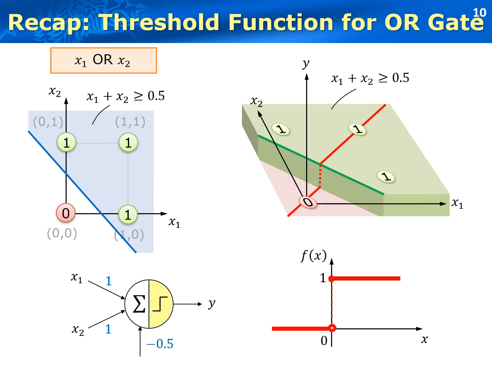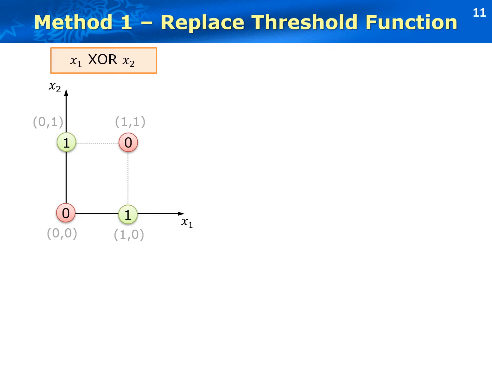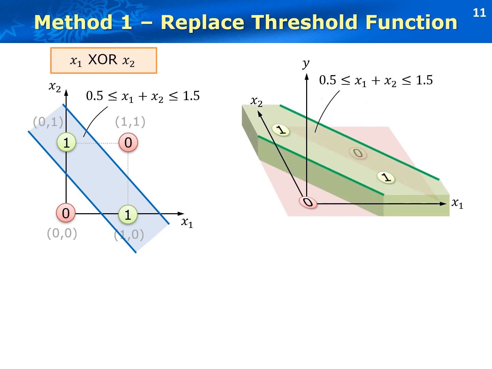For XOR representation, the blue region in 2 dimensions becomes band lines. Unlike the OR gate that needs to elevate the half space in 3 dimensions, in the XOR gate, we just need to elevate the blue band area, such that only the 2 green points are mapped onto the upper plane in 3 dimensions.